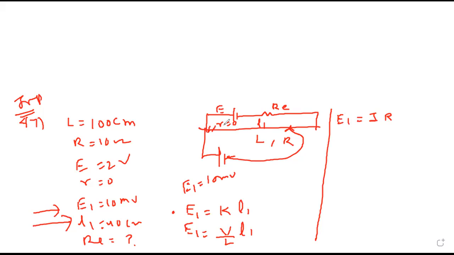This V means the voltage of the wire. So current through this wire, its resistance R upon L into L1. Now I is battery voltage upon total resistance, meaning internal plus external plus wire resistance, R by L into L1.